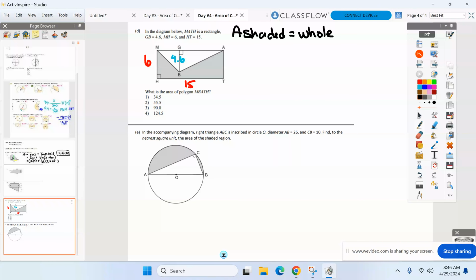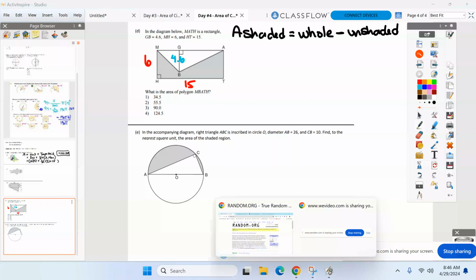We take the whole thing minus the unshaded part, which is a figure we're familiar with. Take out the unshaded, you get the shaded. It's not really a formula. It's just take the whole thing and subtract out whatever is unshaded from it.